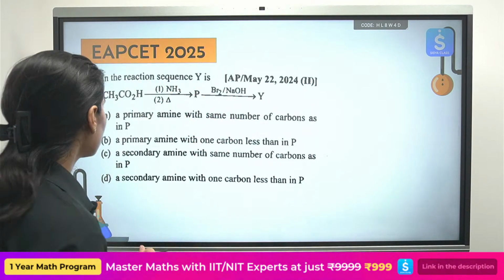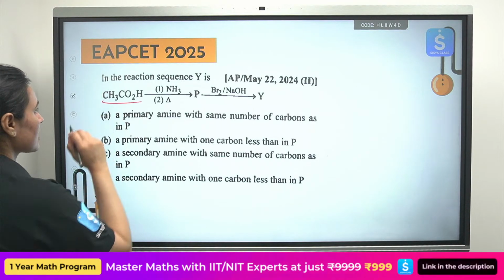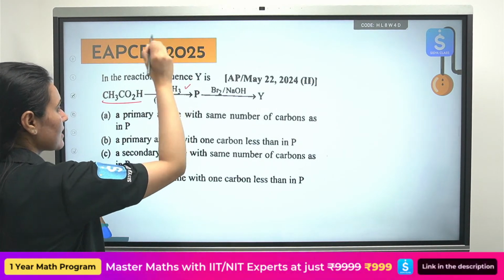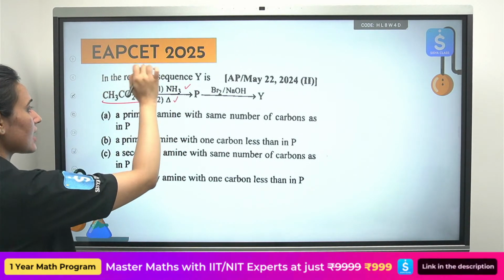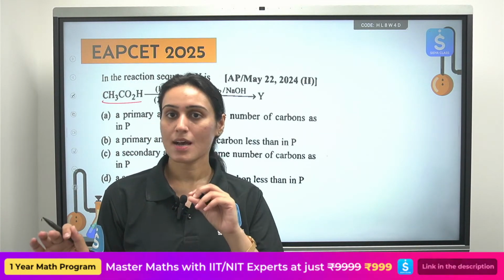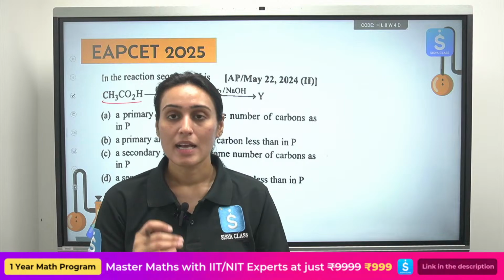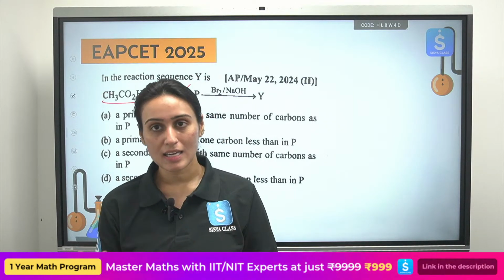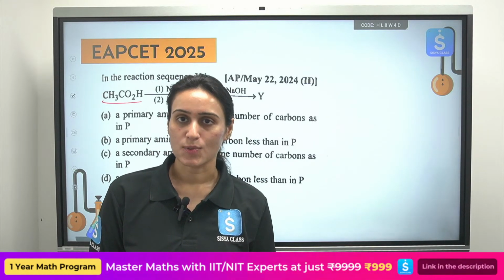Okay. So read the question now. You have carboxylic acid. You are treating it with ammonia and heating it. What will happen? See, in aldehydes and ketones, substitution reaction does not occur. But in case of carboxylic acid and its derivatives, you can do the substitution reaction. Okay.